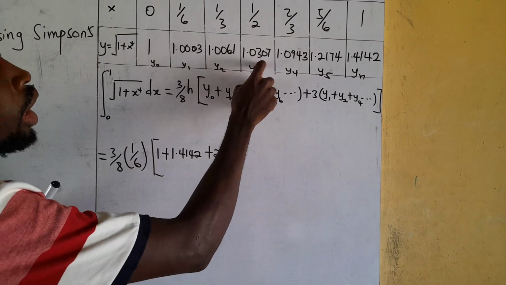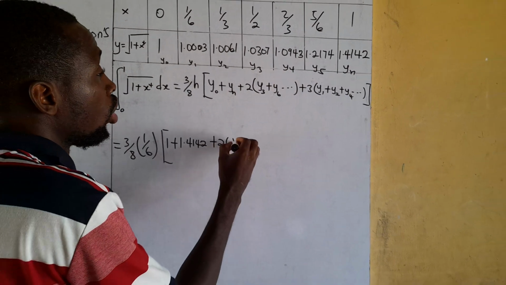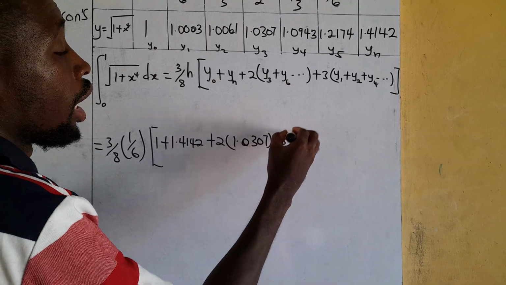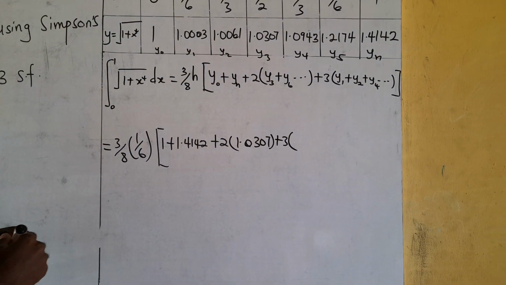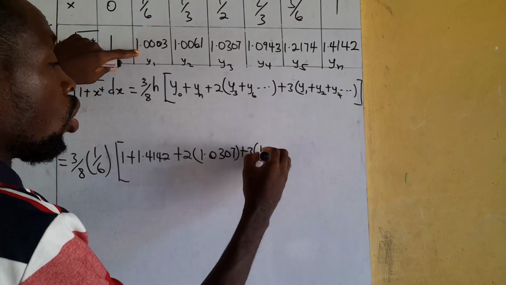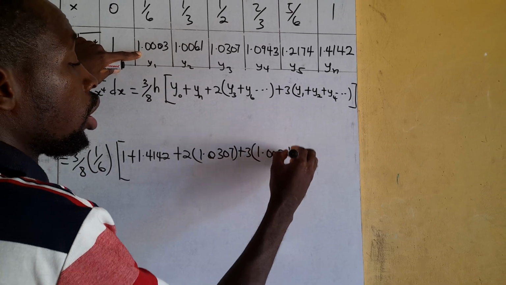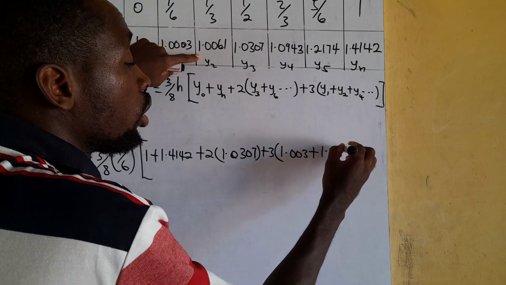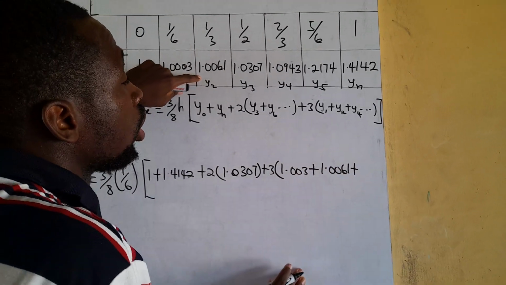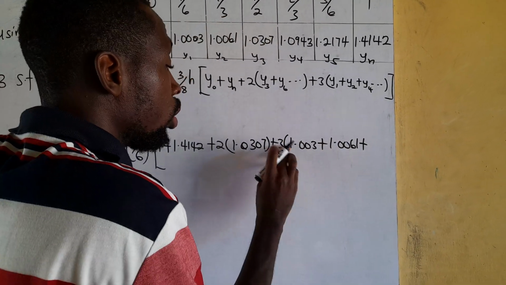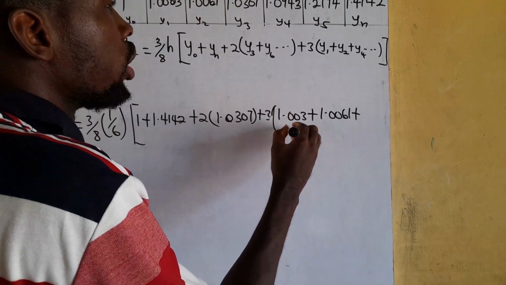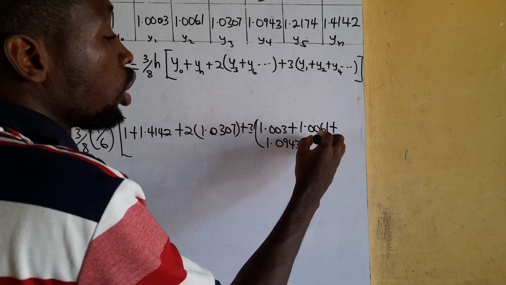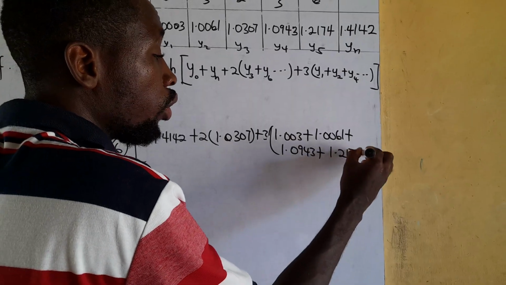And the only one here is 1.0307. Then plus 3 times those that are not in multiples of 3 positions. That's y1, 1.003 plus y2, which is 1.0061 plus y4, which is 1.0943, then plus y5, which is 1.2174.